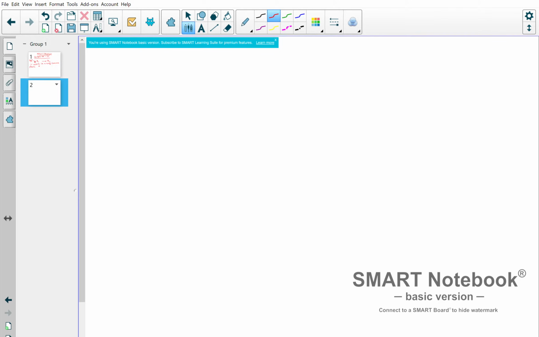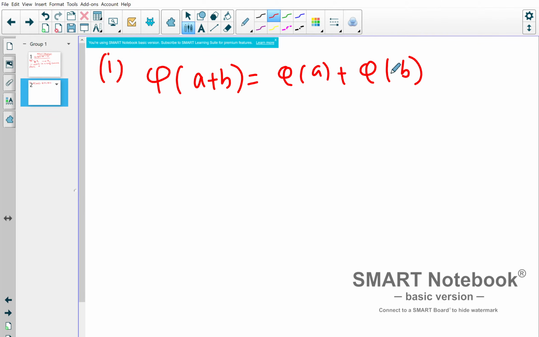So if phi of a plus b equals phi a plus phi b, and this is true for all a, b belonging to R1, what does that mean?